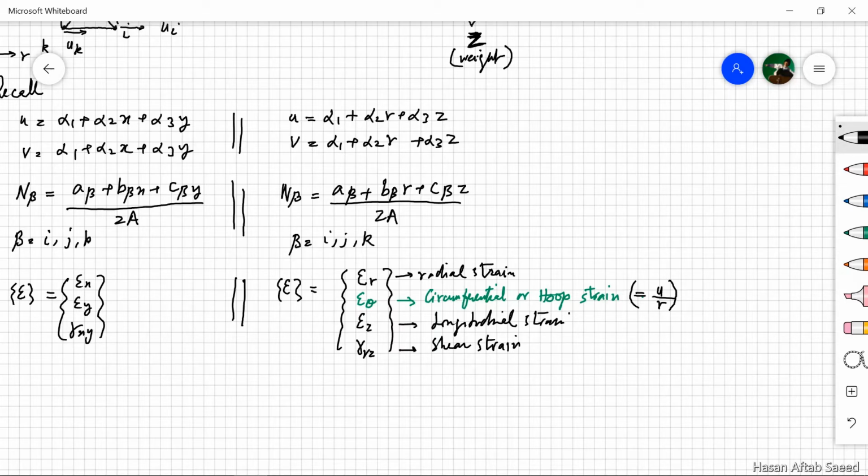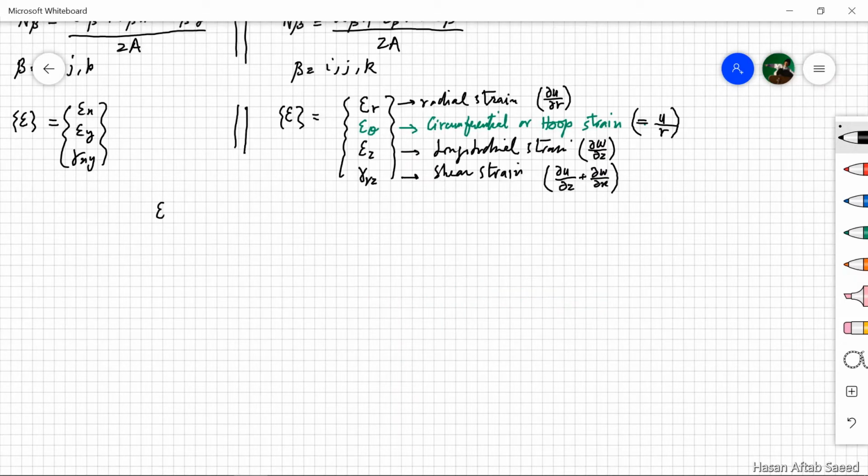The radial strain value, in this case, will be delta u over delta r, only we have changed the coordinate. Here it will be delta w over delta z, again a change of coordinates and the displacement component only. Shear strain will be delta u over delta z plus delta w over delta r. Again, a change of coordinate axis and the name of the displacement. The strain vector epsilon is always linked by the matrix B with the nodal displacements.